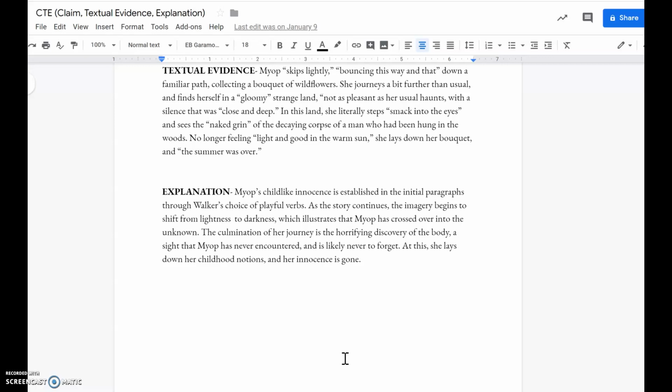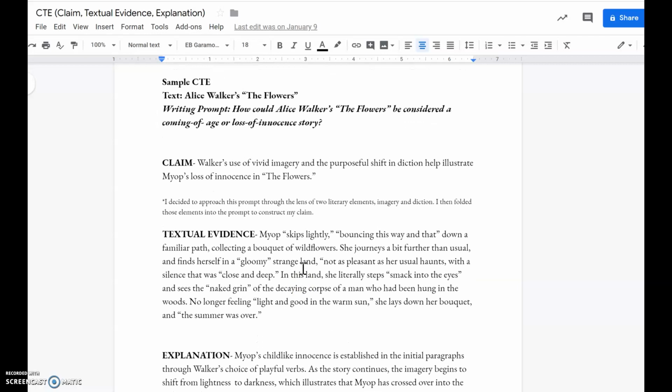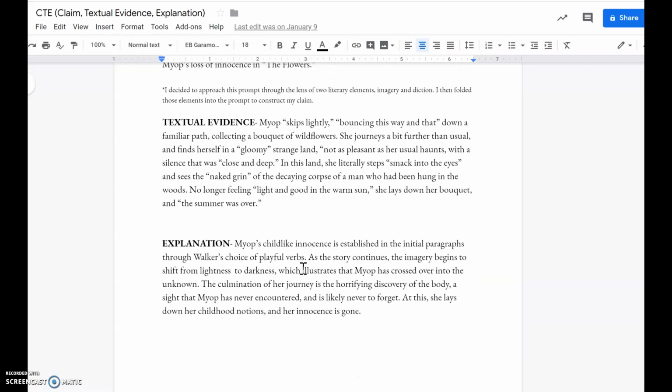It's just a baby version of what I'm asking you to do on a longer essay. Making a claim, a thesis, backing it up with textual evidence in your body paragraphs, and explaining how that textual evidence connects back with the thesis.